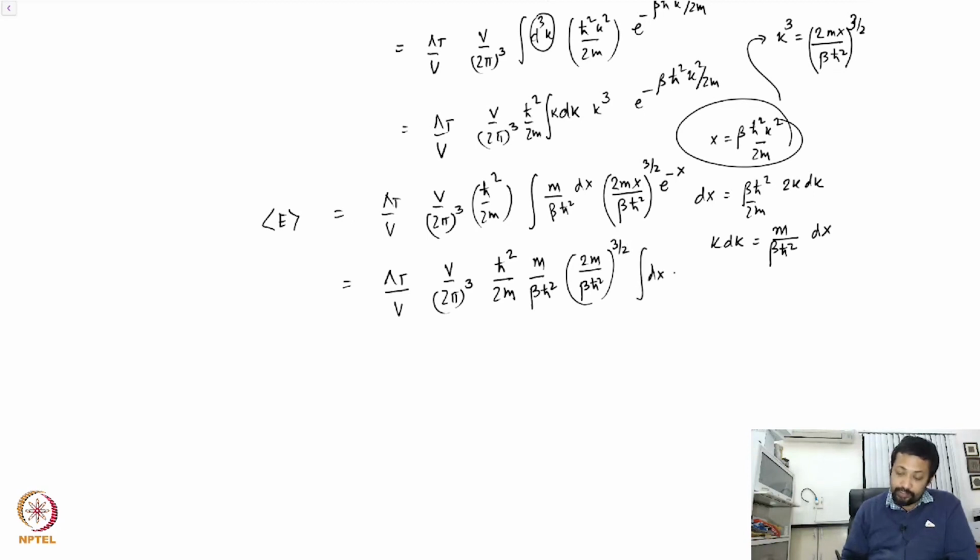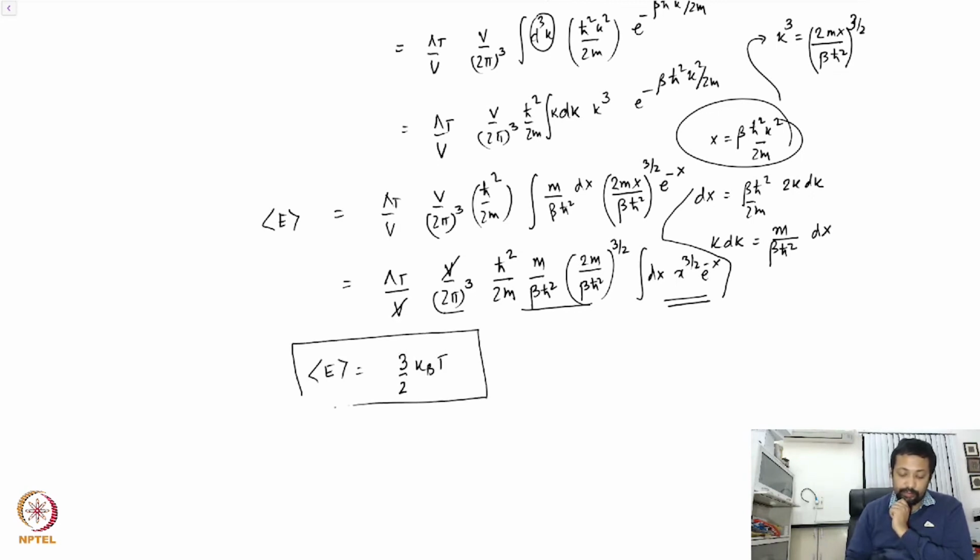I have dx x to the power 3 by 2 e to the power minus x. This I can express in terms of a gamma function, and it will give me a square root pi. So if I now simplify, this v is going to cancel out. All this factor, if you simplify, you will finally get that this comes out to be 3/2 kBT, in accordance with the classical result.